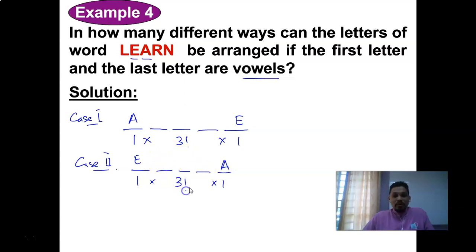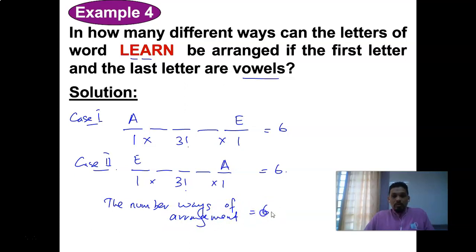So we come up with 3 factorial, which is equal to 6, and another 6 here. So the number of ways of arrangement is equal to 6 plus 6, that is equal to 12.